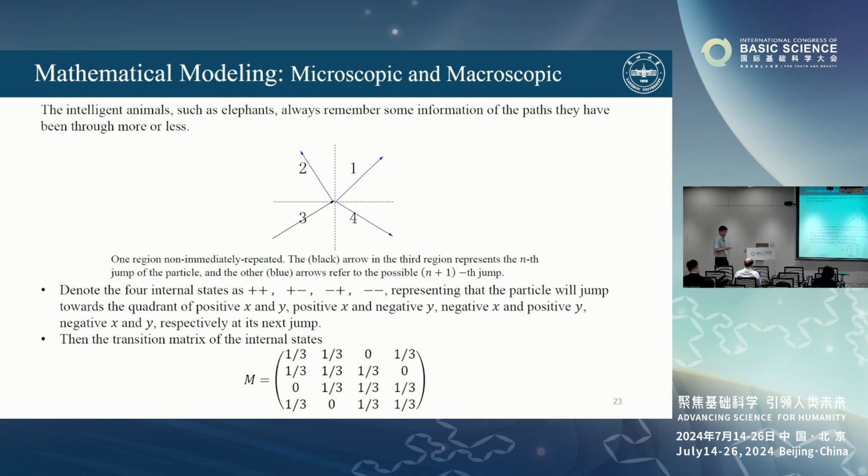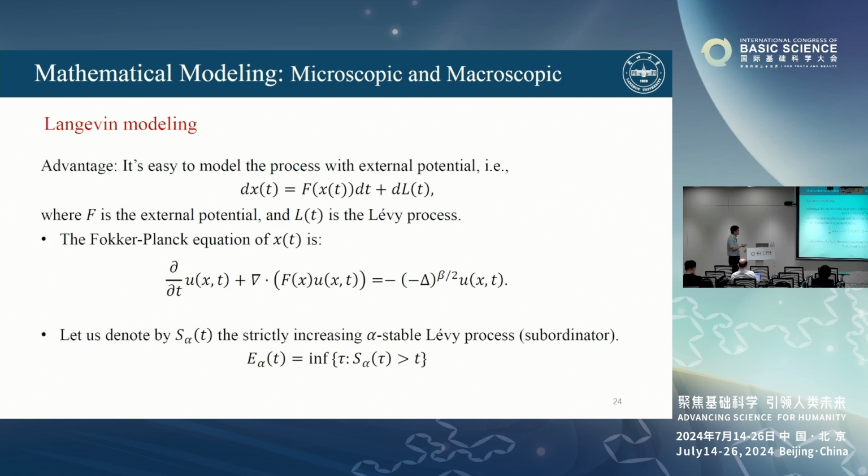But if we consider it as having multiple internal states, then we can easily build a stochastic process to describe it. This is the transition matrix. We can use a Markov chain. For example, this one has probability 1 over 3, 1 over 3, 1 over 3, and this is 0. We will use 4 internal states to represent this. So we introduce the transition matrix, and in this framework you can easily build the stochastic process to describe this kind of case.